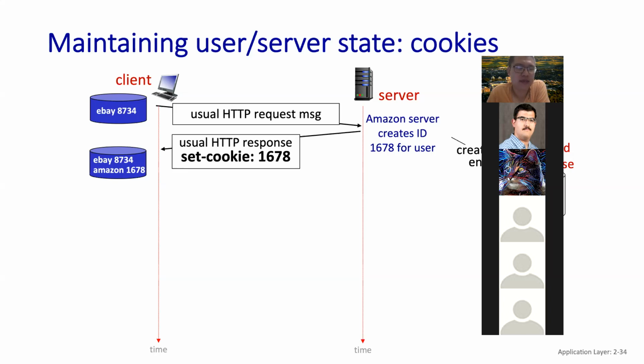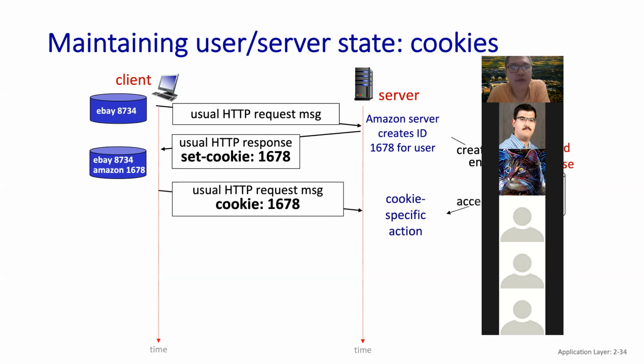Amazon has provided 1678, while eBay could provide another number. Your browser will save this information for you. After that, if you want to access Amazon again, the HTTP request message will carry the saved cookie 1678 to the server.